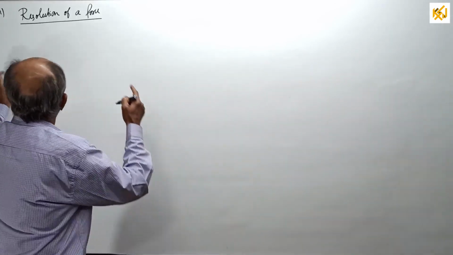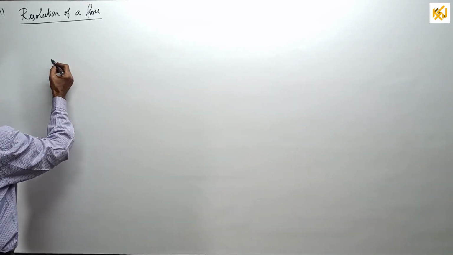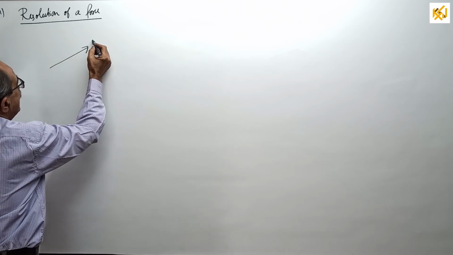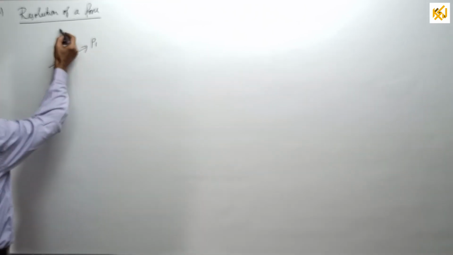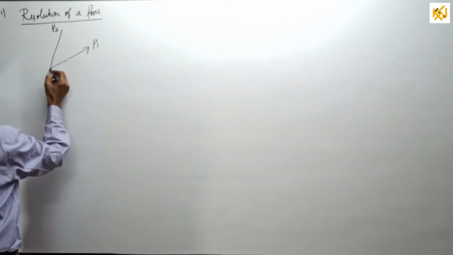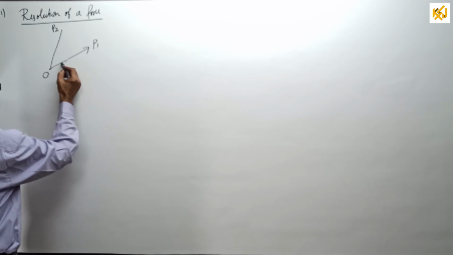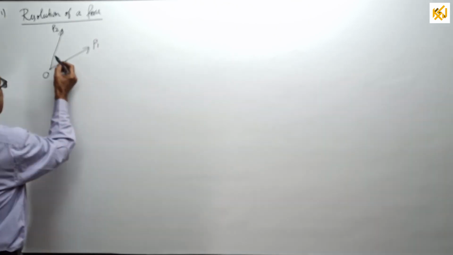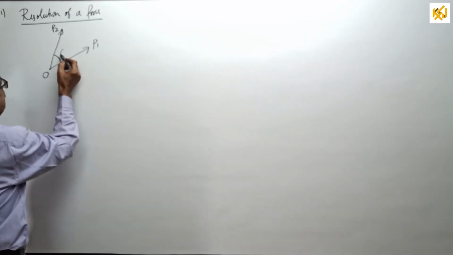See, you just consider a force here. I'll take the force P1. I'll take one more force here, P2, passing through a point O. Now, let the angle between them be theta.